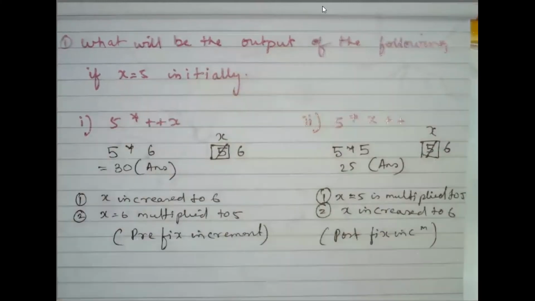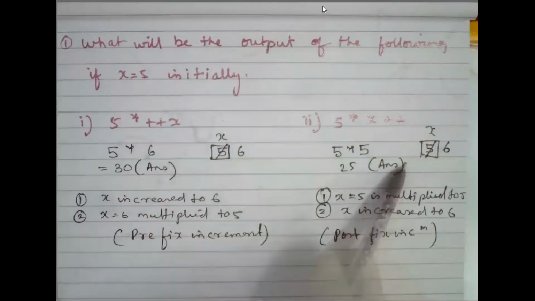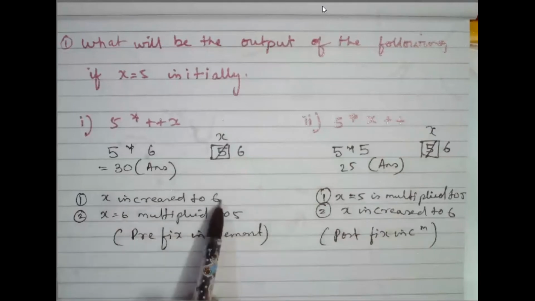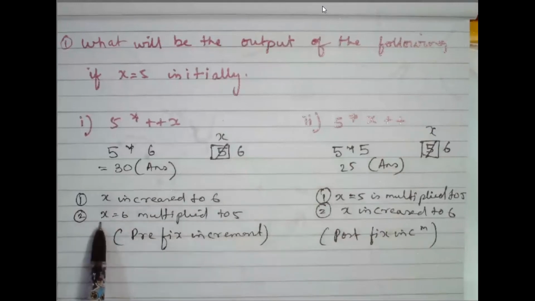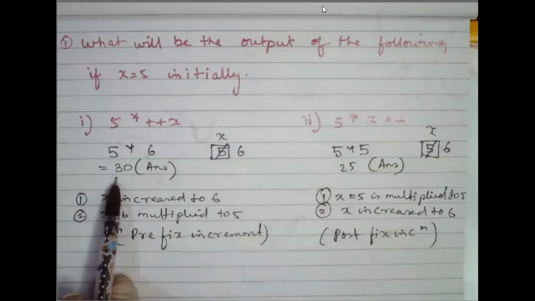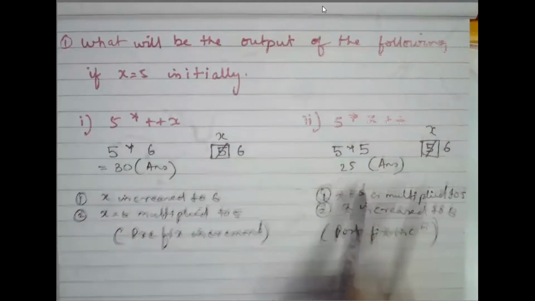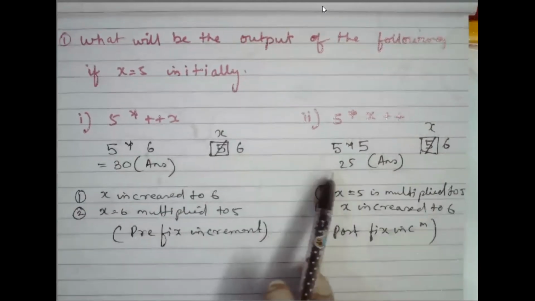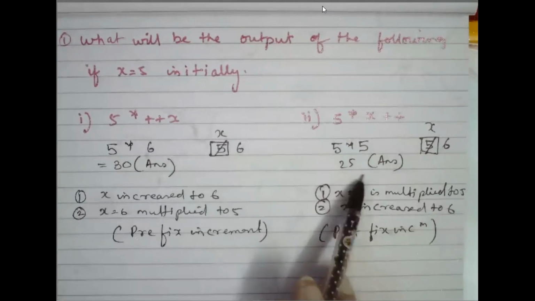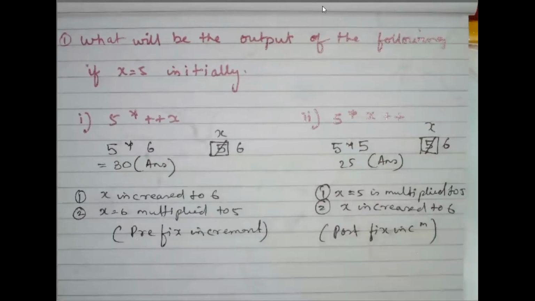So you can see the difference between the prefix increment operator and the postfix increment operator. Prefix: first it will increase to 6, then it will be multiplied by 5 and I'll get the result 30. In case of postfix, first use the value of x, that is 5, so I'll get the answer 25. Later on it will change to 6.